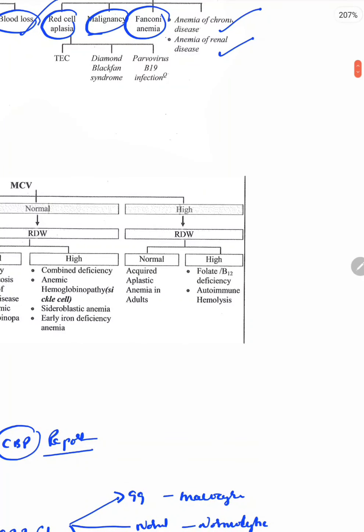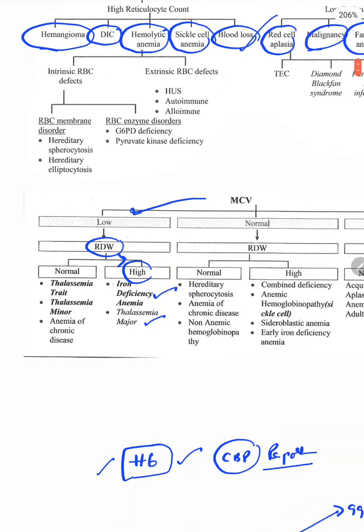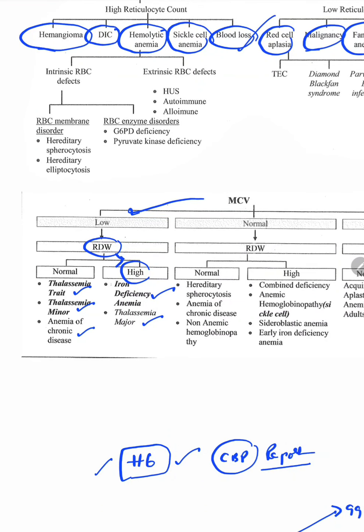MCV is low and RDW is high, we consider iron deficiency anemia and thalassemia major. Next, if RDW is normal, we consider thalassemia trait, thalassemia minor, anemia of chronic disease.